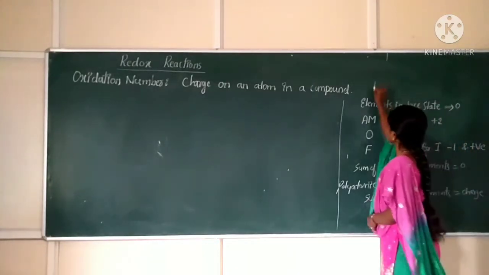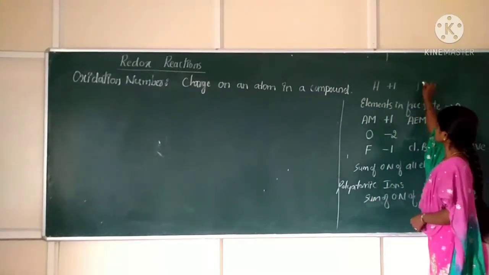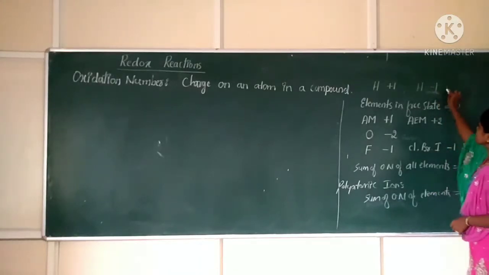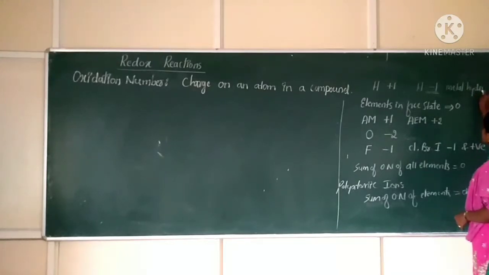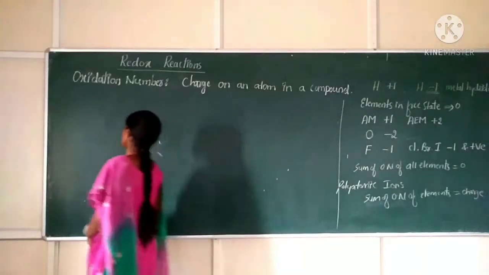And one more thing, hydrogen is +1 and can also be -1, when hydrogen is in the form of metal hydride. Okay, so these are the rules.